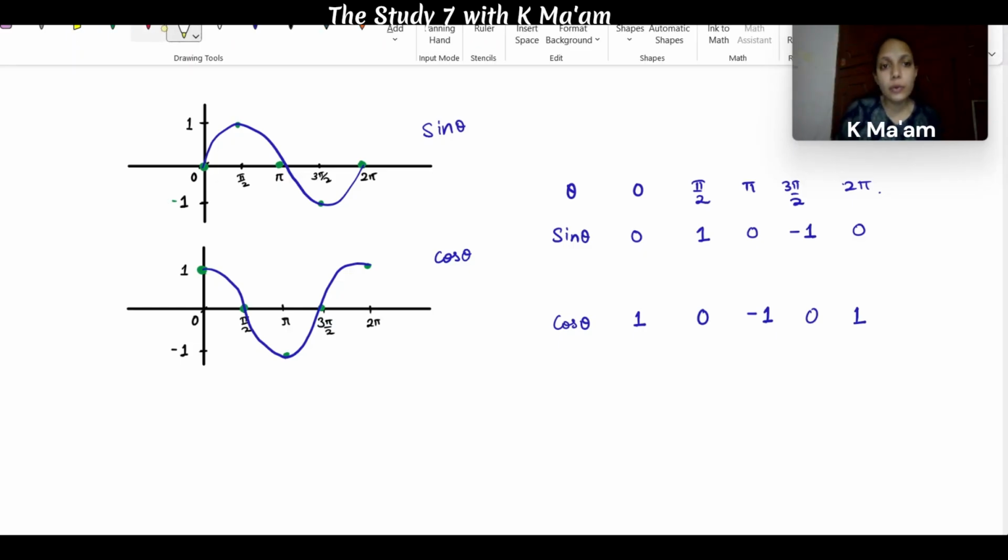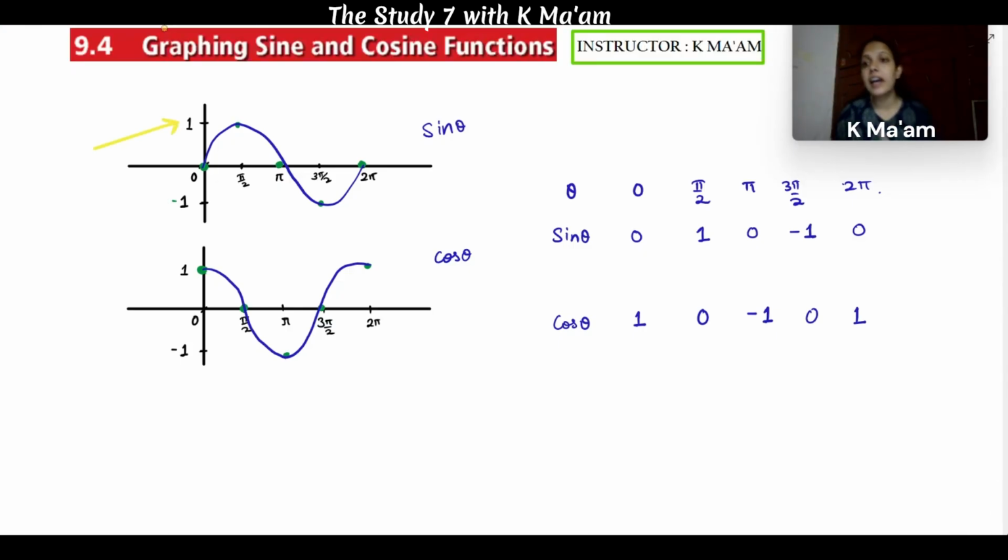This value is known as the amplitude of the function. Amplitude means the height attained by the curve from its mean position. This is the mean. The curve is symmetric about that, so above and below, it has the same height. This is 1.